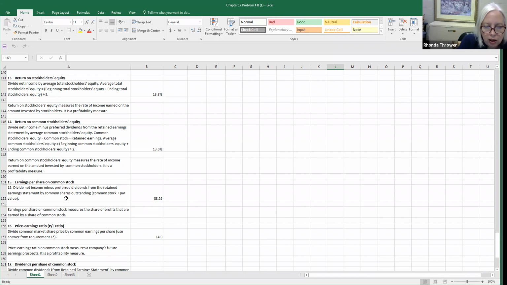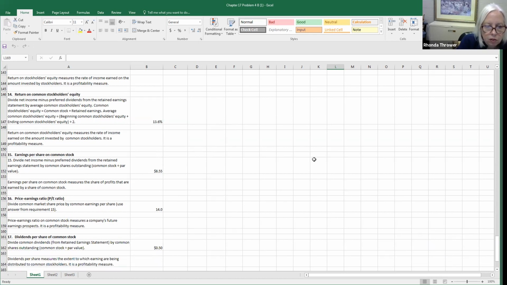This common shares outstanding becomes your denominator, which would be divided into the numerator, which consists of net income minus your preferred dividends. So the common earnings per share is $8.55 for this particular problem.